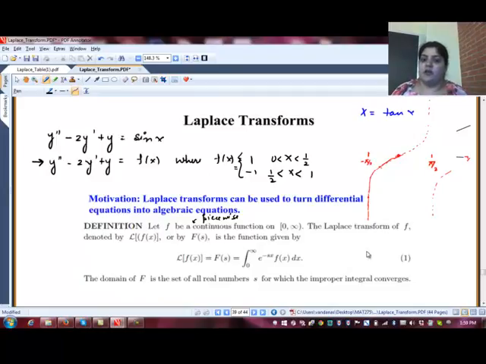Okay, so the Laplace transform is a function of s, and what we are doing is multiplying by e to the power minus sx. So let me zoom in on this portion here and rewrite it with the pen: e to the power minus sx f(x) dx. We are integrating this expression with respect to which variable?